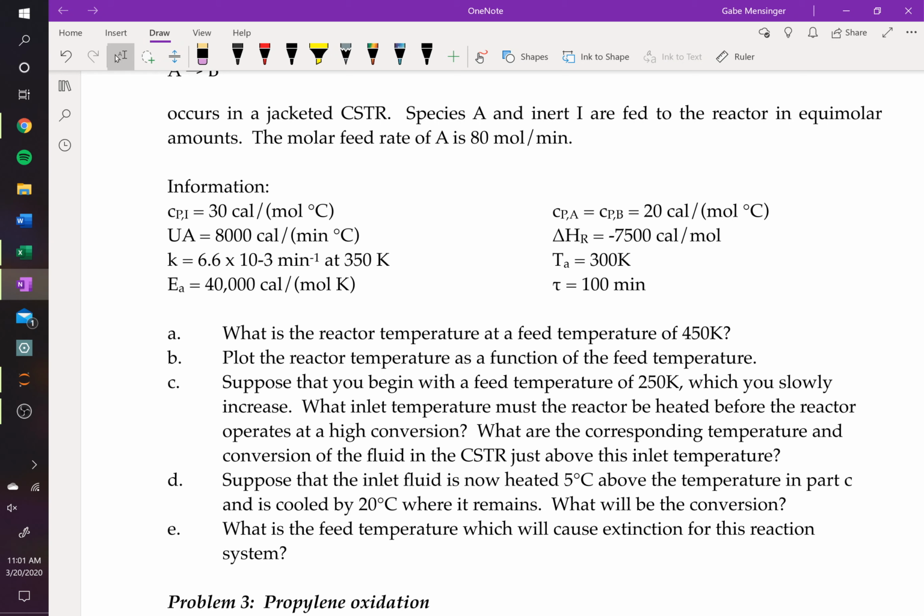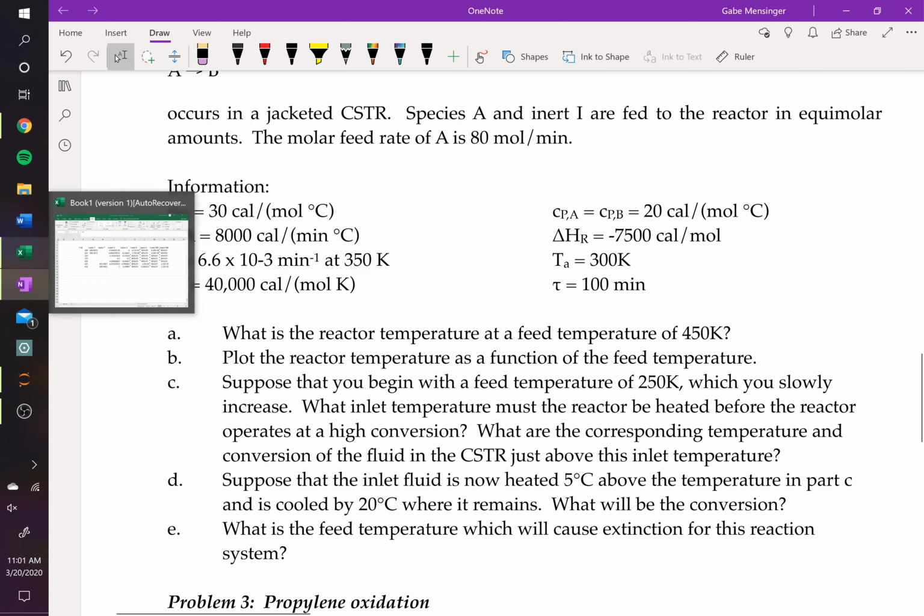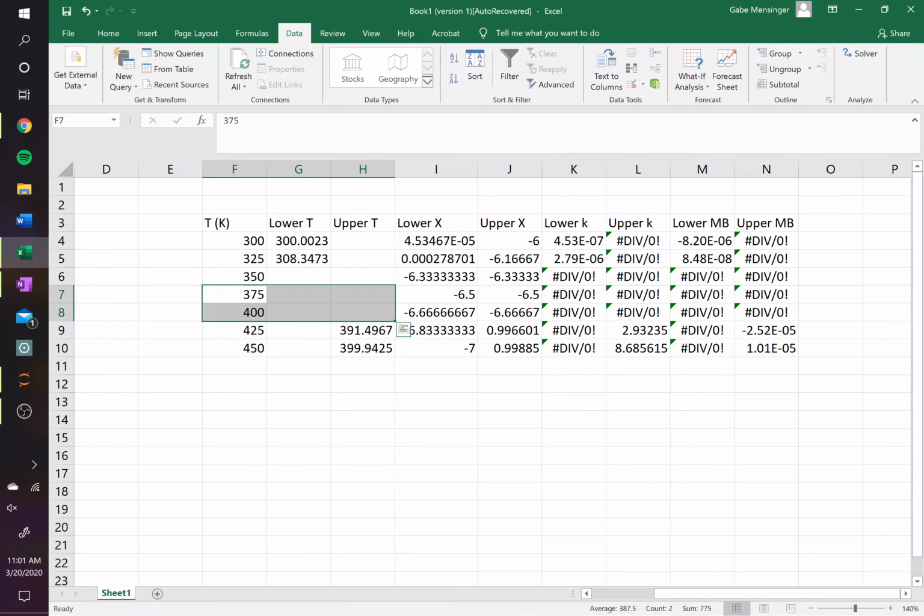I am confused how Excel will know which branch it is on. That's going to depend on the guess. Okay, I guess I could show this one point. In this case, this one right here, let's go with 350.